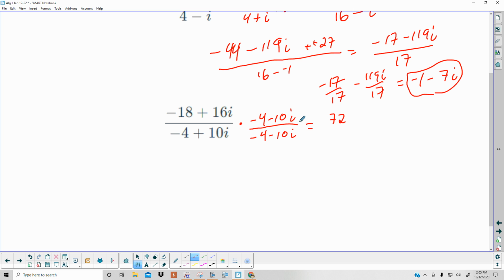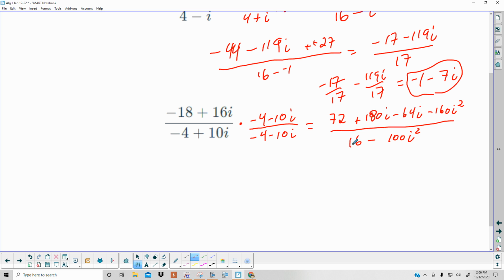Negative 18 times negative 10 is plus 180i. Then I have 16 times 4, which is 64, so that would be minus 64i. And then 16i times negative 10i is negative 160i squared. The bottom is the square of the first thing minus the square of the second thing.